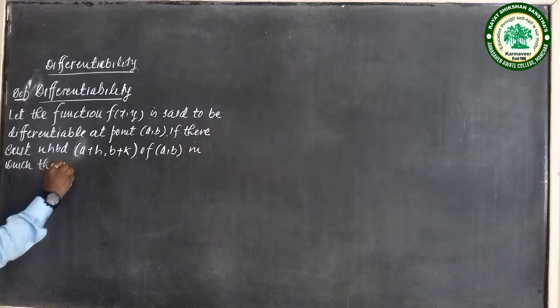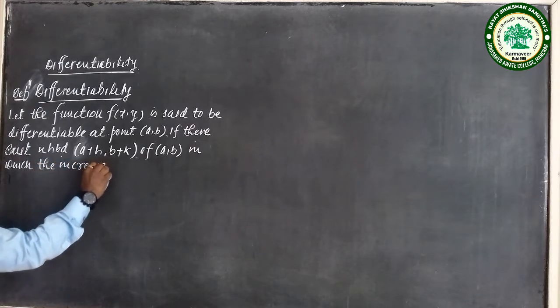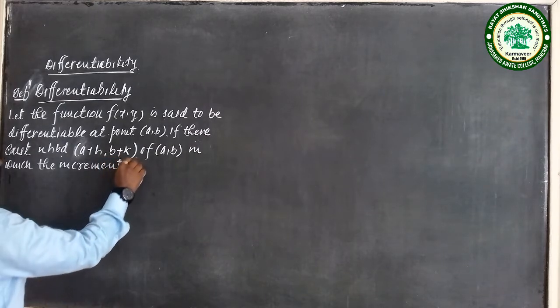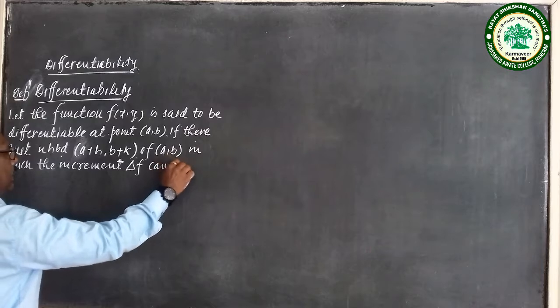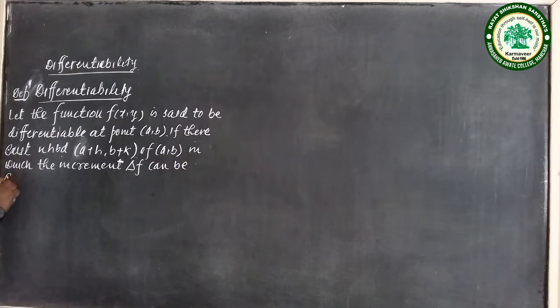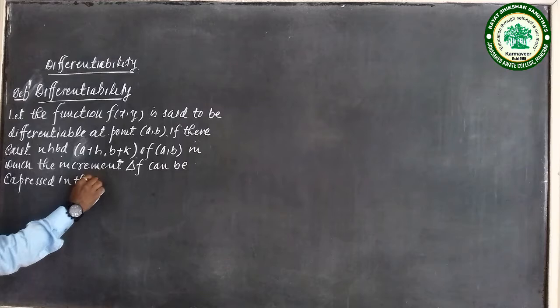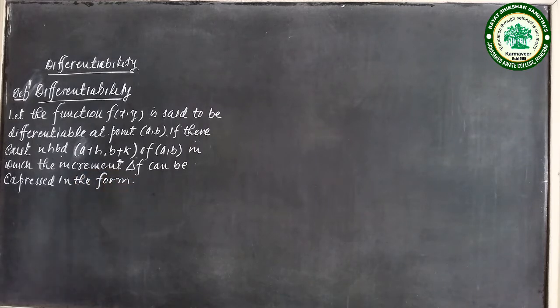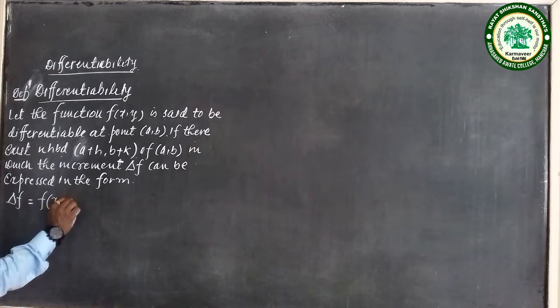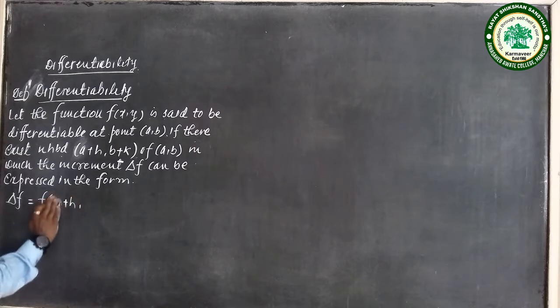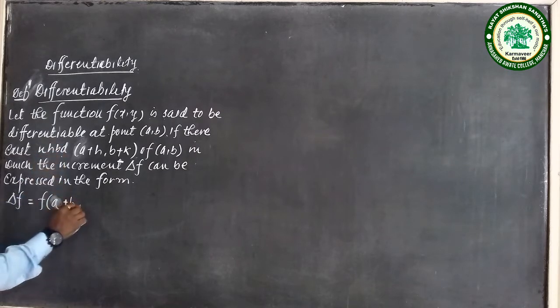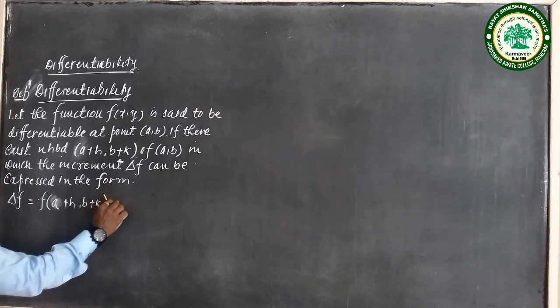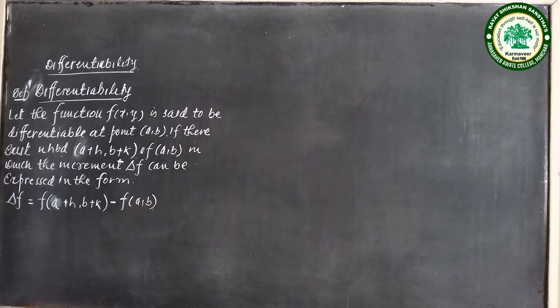the increment delta f can be expressed in the form: delta f is equal to the difference between the value of the function at f(a+h, b+k) minus f(a, b).